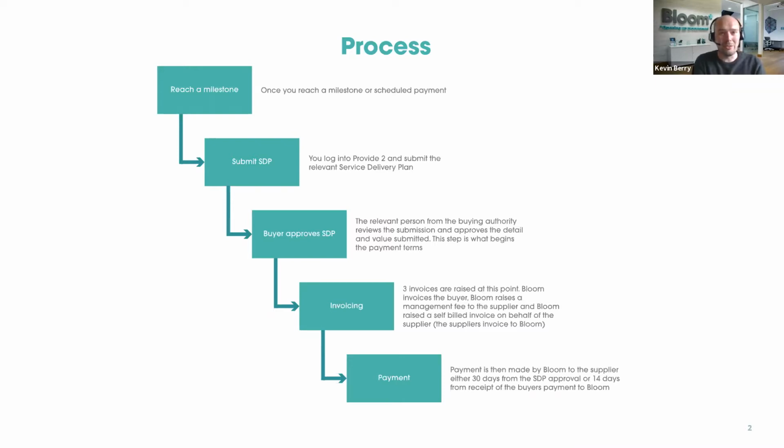So you've been awarded work at this stage, and you've reached your first milestone, and you need to take some action to be able to recover invoiced amounts. The first action that you take is to submit an SDP. An SDP is a service delivery plan, which is essentially a summary of all of the work that's been delivered to date against a milestone, the value of that piece of work, and whether the project overall is on track or off track.